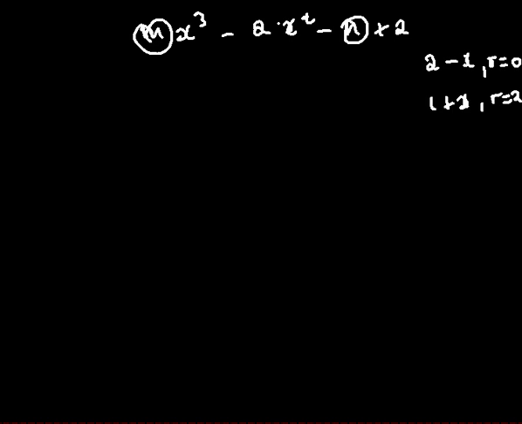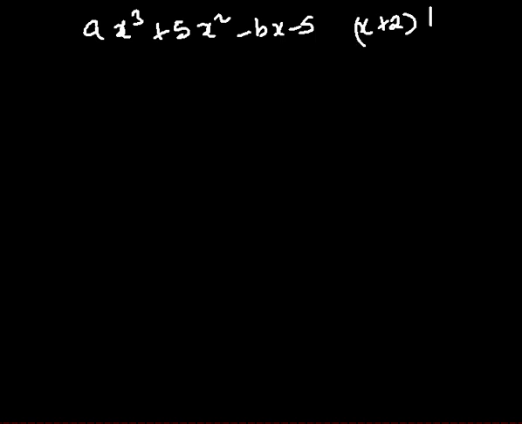Let's say when the function ax to the power 3 plus 5x squared minus bx minus 5 is divided by x plus 2 and x minus 1, the remainders are 5 and negative 1 respectively.